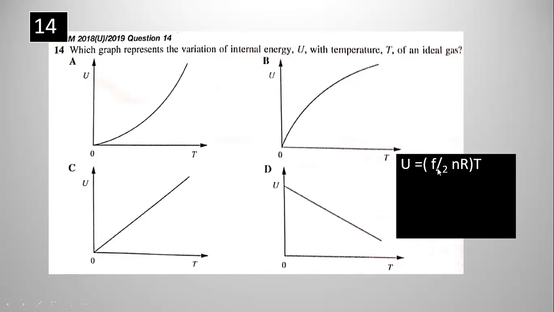For an ideal gas, f will be constant, depending on the gas you use. n is the number of moles, constant. R is constant, so it's a straight line passing through the origin. So that is the answer.